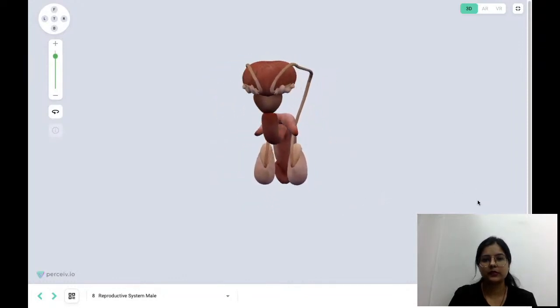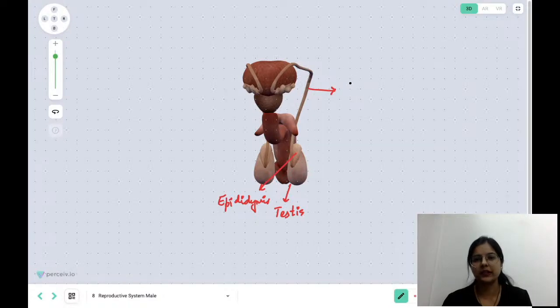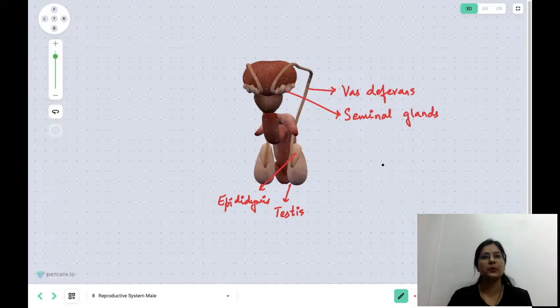Yeah, so this back portion which you can see over here, this represents the connecting tube, which is directly coming from the epididymis, and that is your vas deferens. So this becomes your vas deferens, all right, and this becomes your seminal vesicles, which are the accessory glands which help in the secretion of semen or the formation of semen, you can say.